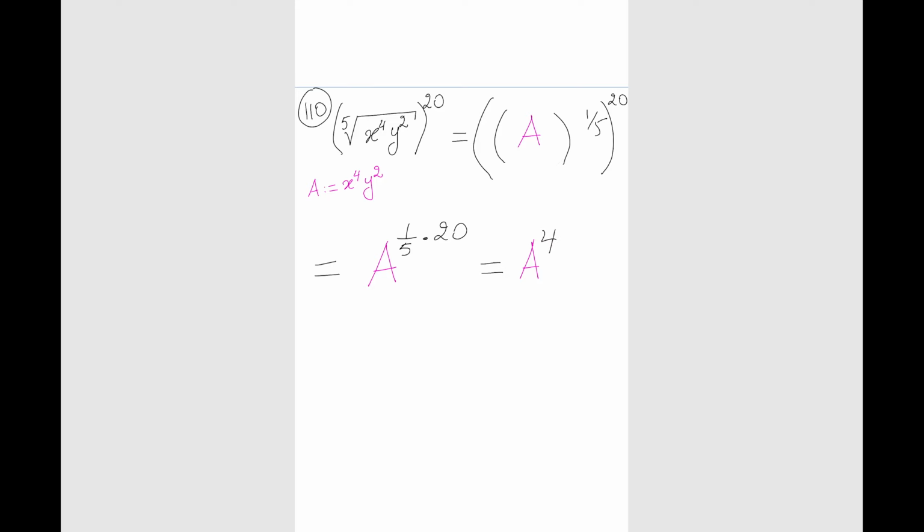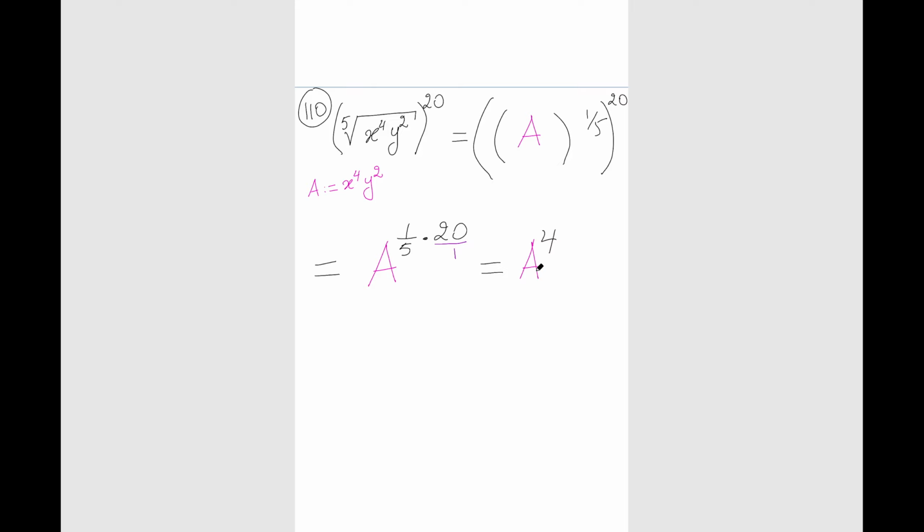Right? 1 over 5 times 20, you can think about 20 as 20 over 1, right? And then how do you multiply two quotients straight across? 1 times 20 is 20. 5 times 1 is 5, which means 20 over 5, which is 4.